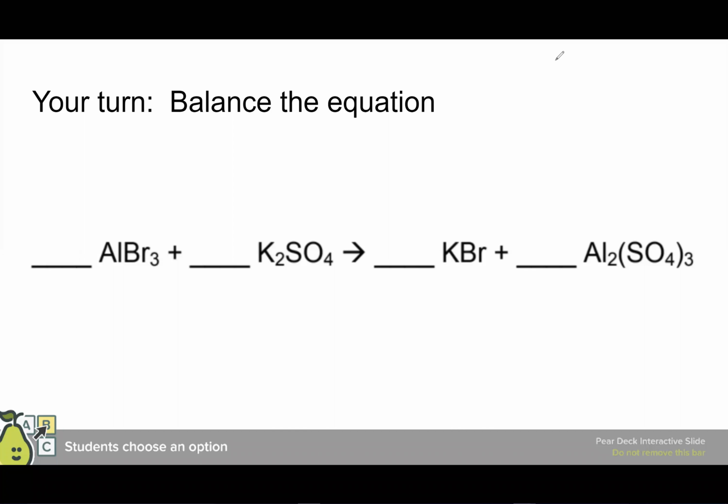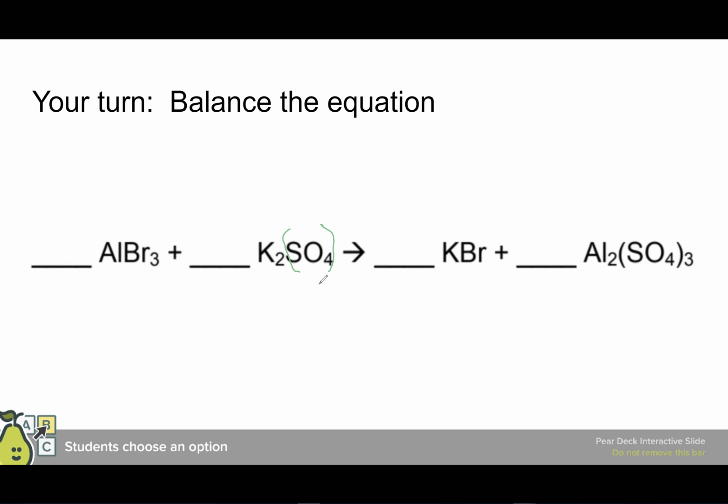And here's the important thing. SO4 only appears as a group in this whole equation. You don't have random S's or random oxygens in any of the chemicals that are being reacted here. It's always as a group of SO4.